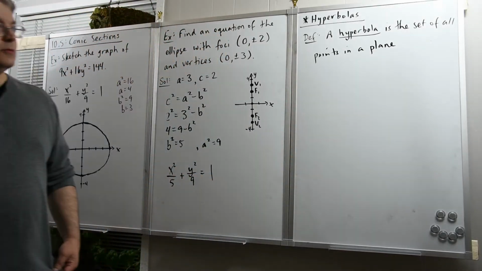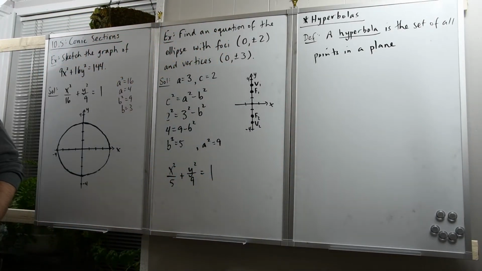Well, for the hyperbola, we're once again looking at the set of all points in a plane, but this time we're looking at the difference of whose distances from two fixed points is a constant.